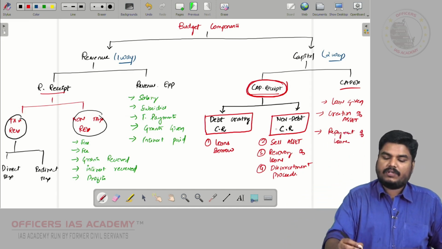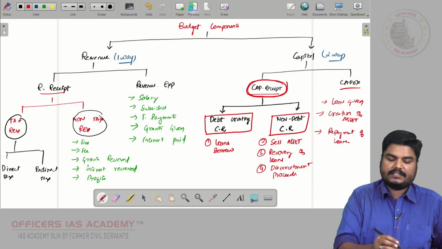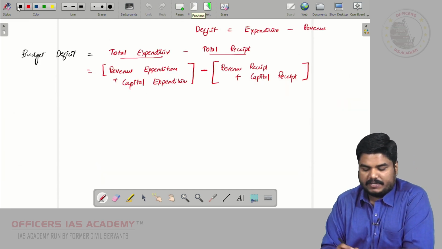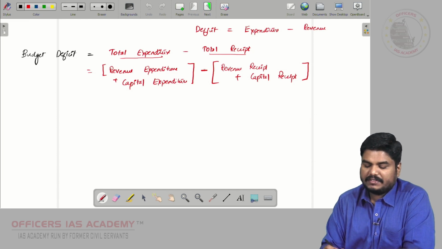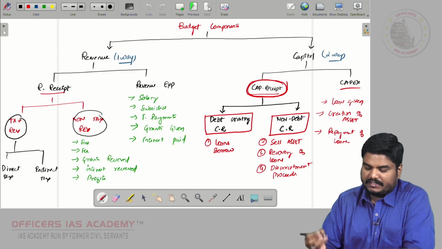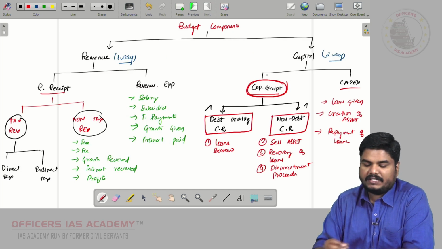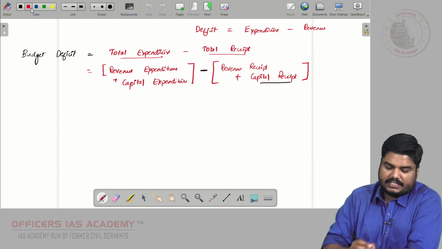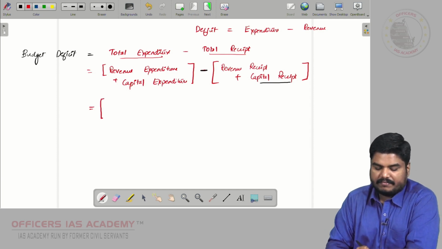Alright, so now coming back to our expression. Budget deficit is equal to revenue expenditure plus capital expenditure minus revenue receipt plus capital receipt. Now this capital receipt I have further classified into debt creating and non-debt creating, right. So let me slightly change the expression accordingly.